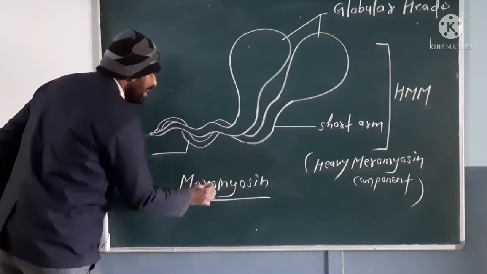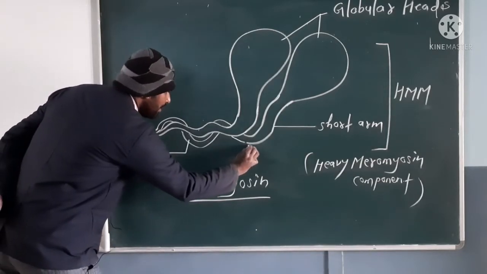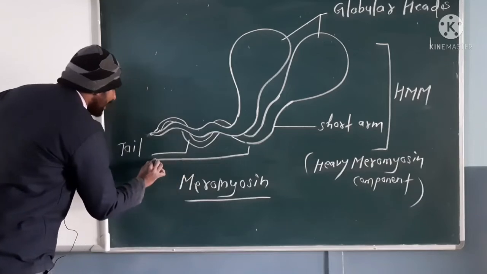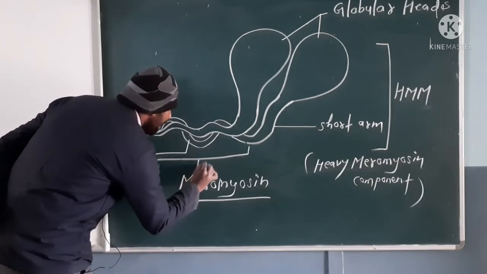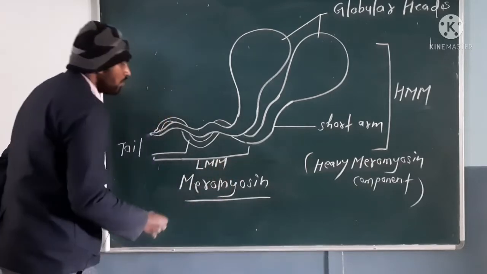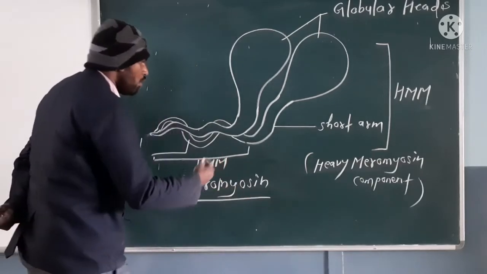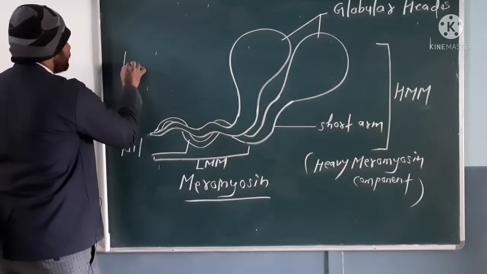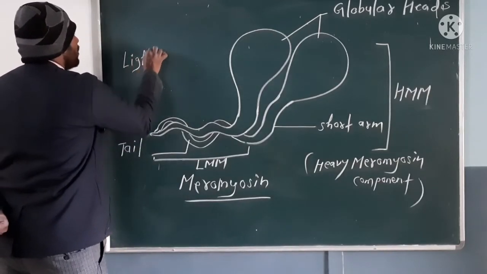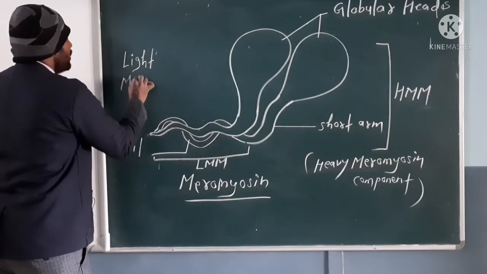Now the tail region is also categorized into one component, which is called LMM, light meromyosin component. I am writing here to make you understand: light meromyosin component.